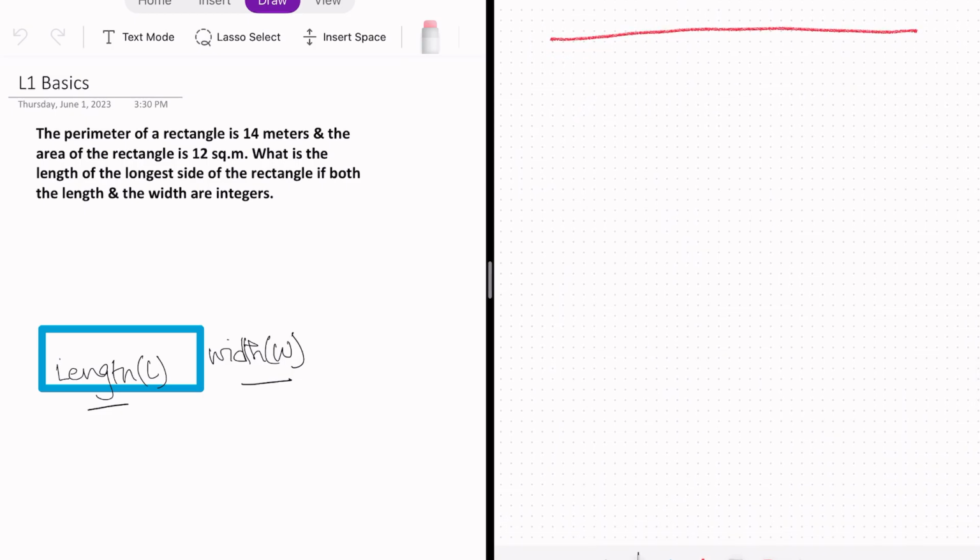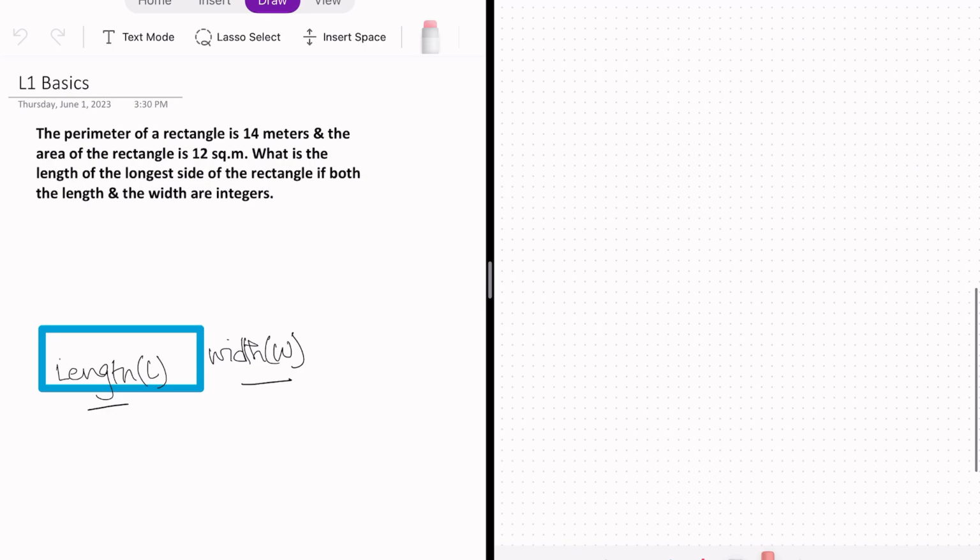We would be using the same formulas but in a different way. So let's look at the clues given to us. First clue given to us is perimeter is equal to 14.